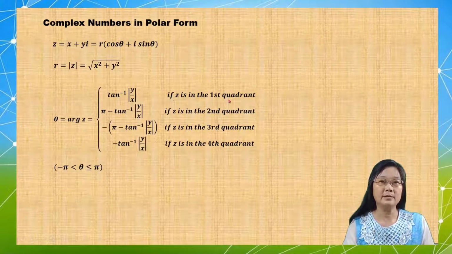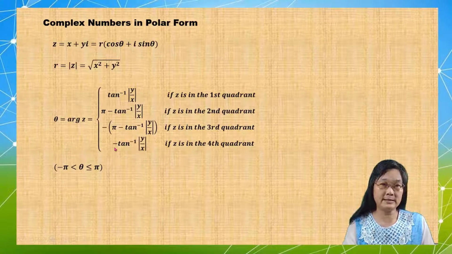If the complex number is in the first quadrant, then the argument is arctangent y over x. If it is in the second quadrant, then the argument is pi minus arctangent y over x. If third quadrant, then the argument is negative pi plus arctangent y over x, or arctangent y over x minus pi. Then if it is in the fourth quadrant, then the argument is negative arctangent y over x.